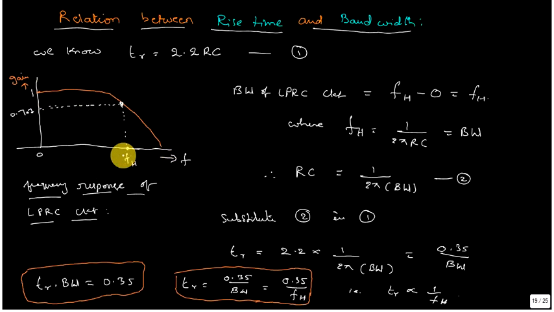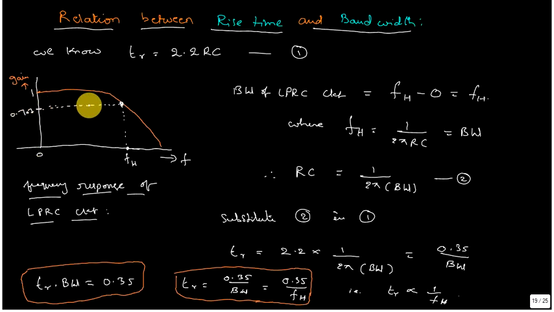From the general definition, bandwidth is the range of frequencies over which the gain is greater than or equal to 70.7% of its maximum value. So if you assume maximum gain is 1, then 70.7% of its value is 0.707. First put a dot on magnitude, that is y-axis, at 0.707.